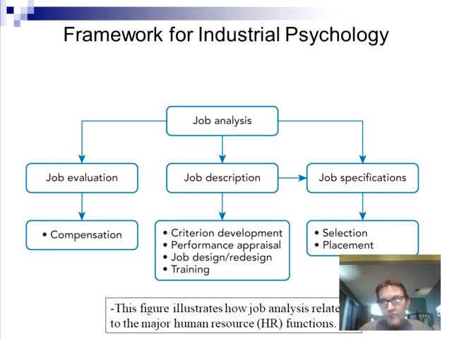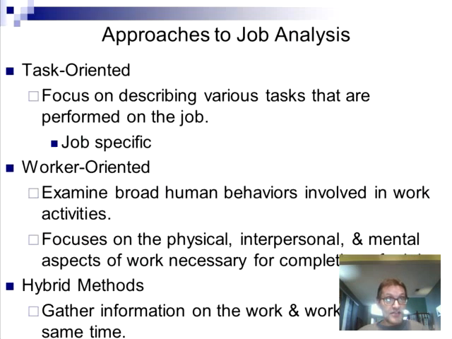You want to hire new employees, you want to train them. If you can't get an accurate job description, there's no point. Job specifications: who should you select? Who should be placed in which position? So clearly, almost everything about the industrial side of IO psych hinges on having an accurate job analysis.